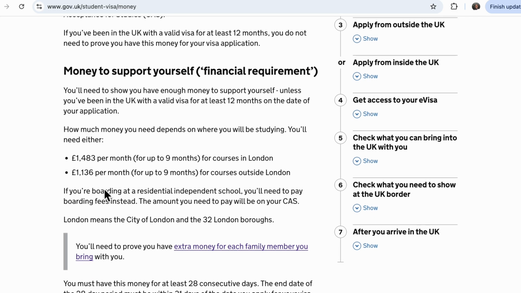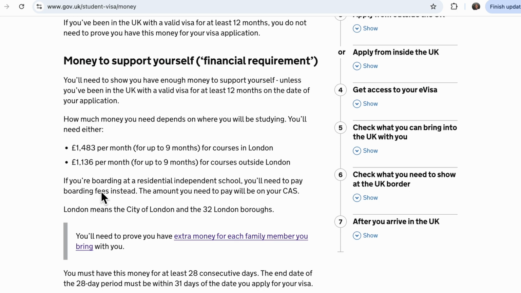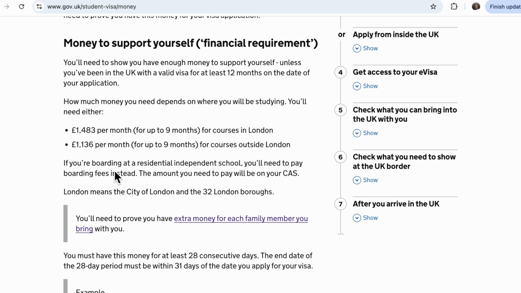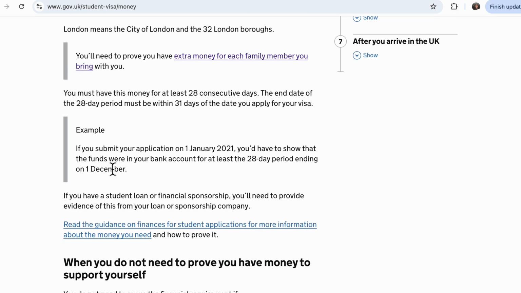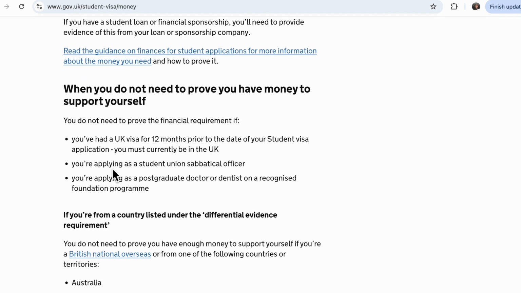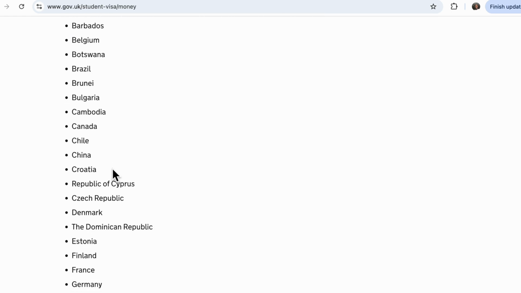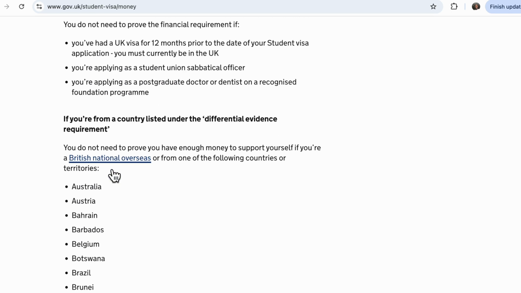As you can tell, London is an expensive city, and if you're looking to study in London, you need to have a little more money. So you can do the calculations. I think to make it much easier, let me do it like this. You can calculate how much money you need, and yeah, that's it.